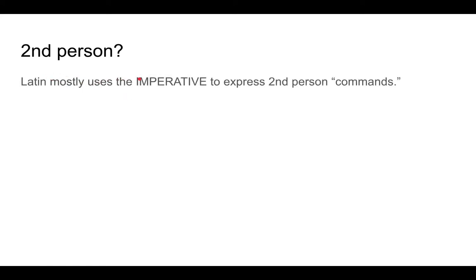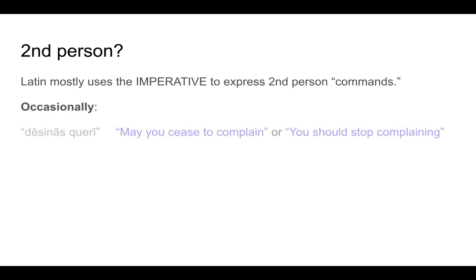Oh, what about second person? Does that get used? Well, Latin mostly uses the imperative to express second person commands, like, hey, you, do this. Occasionally, you'll run into a subjunctive, and we might call it a jussive subjunctive with the second person. See it right there, that S? That's from desino, desinere. Well, that's very subjunctive.